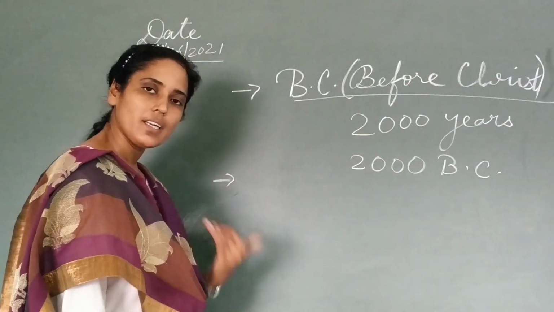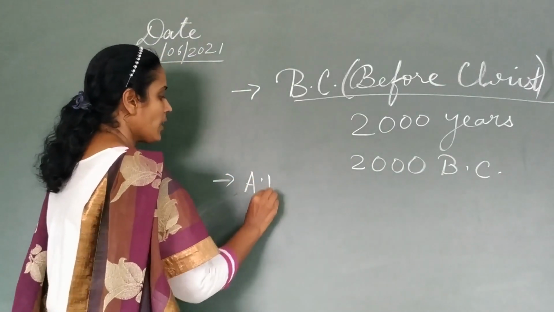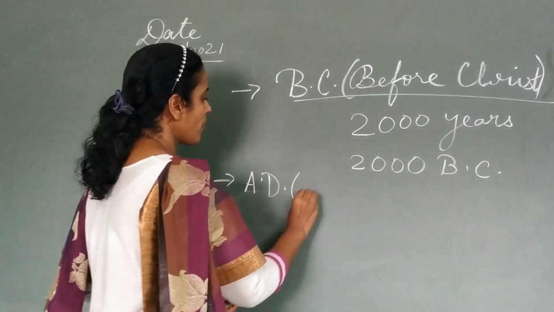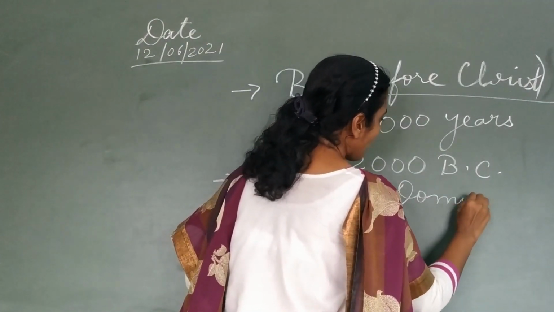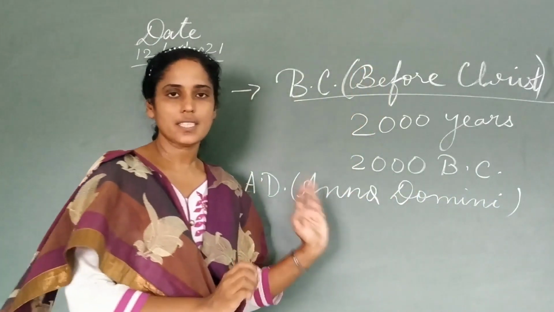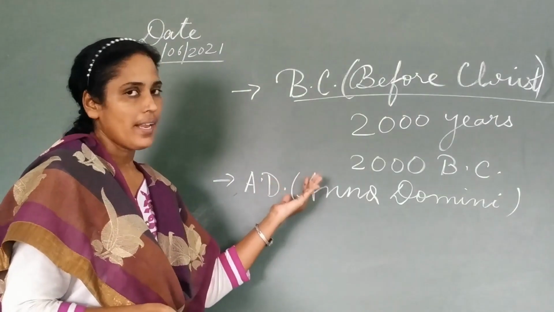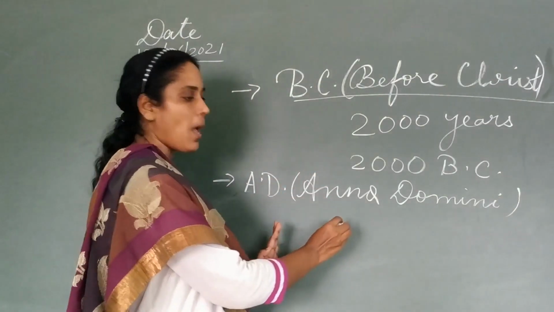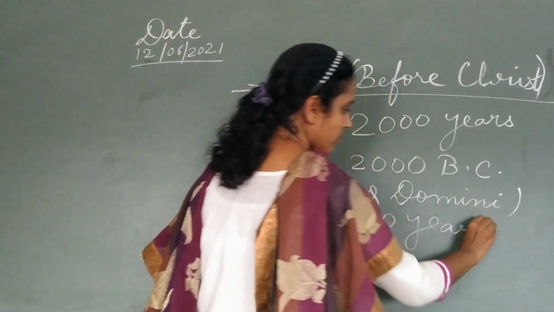Now students, what was the second concept we had here? The second concept was your AD. I told you the full form here is Anno Domini. So, this Anno Domini refers to something which happens after the birth of Christ. So we will take another example over here. Suppose some event happens after 1500 years of the birth of Christ.